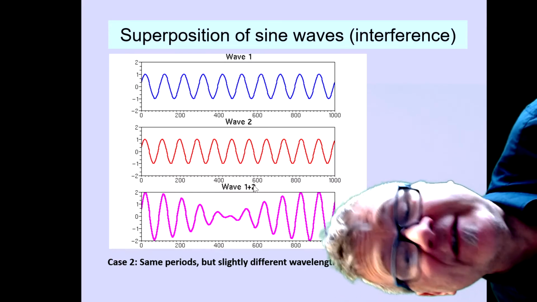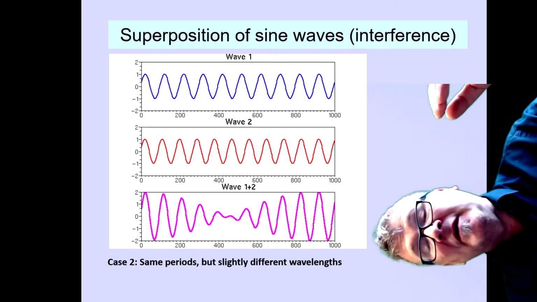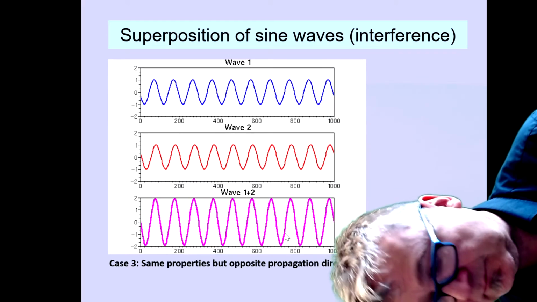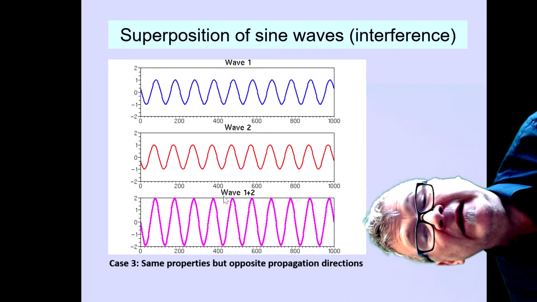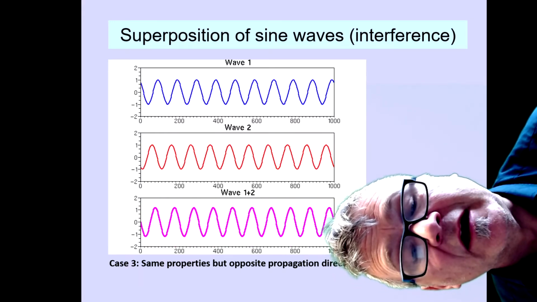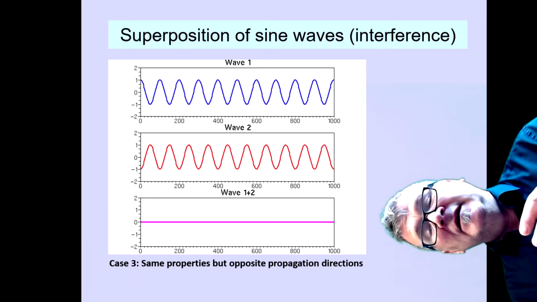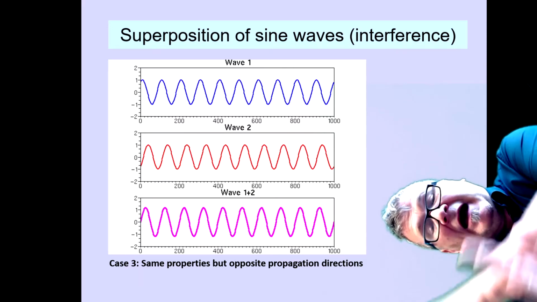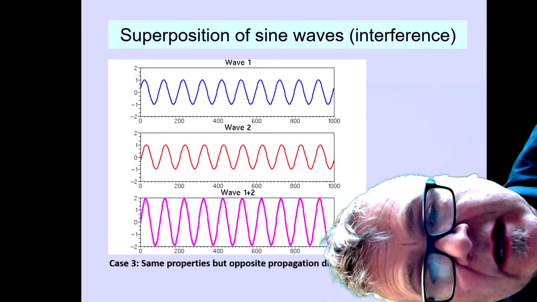Now the third example is the one where you have the same waves but propagating in opposite directions. Let's have a look at that. This creates something special called a standing wave. The wave just moves up and down. There is no propagation at all.